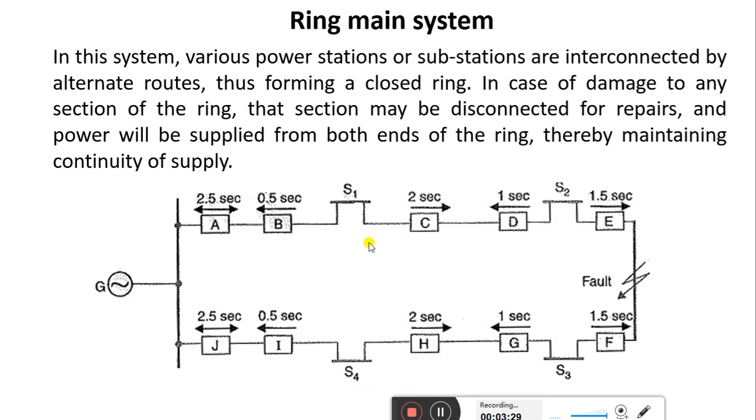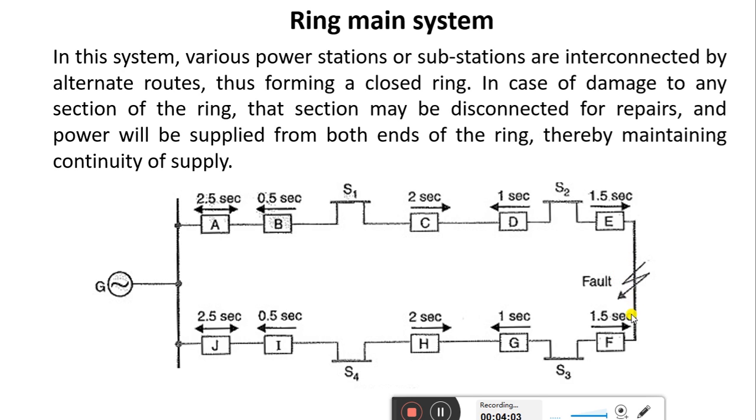So let us first consider the top feeder starting from A. Relay A has a time setting of 2.5 seconds. Then after substation S1 we go to relay C, which has been given a time setting of 2 seconds. Then we go to section E, relay E, where the time setting is 1.5 seconds.